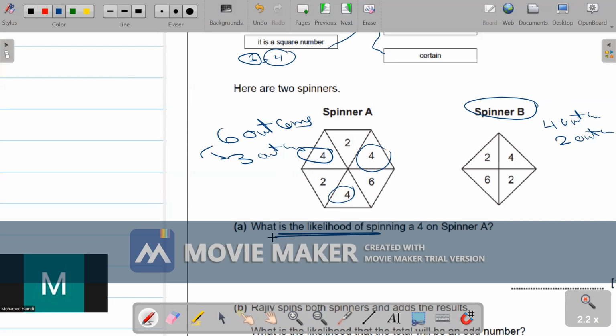So if number four has three sections or three outcomes, the probability of number four is 3 over 6 as a fraction. 3 over 6 equals 1 half after simplifying, so we can describe it with words, even chance, and don't forget to write the fraction.